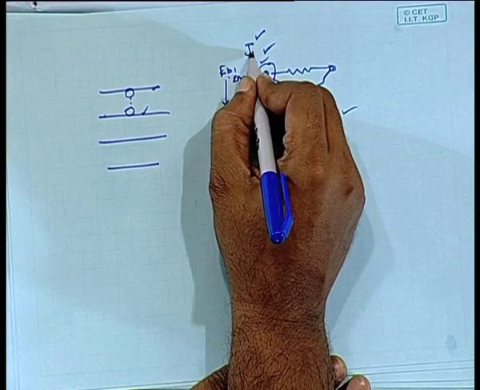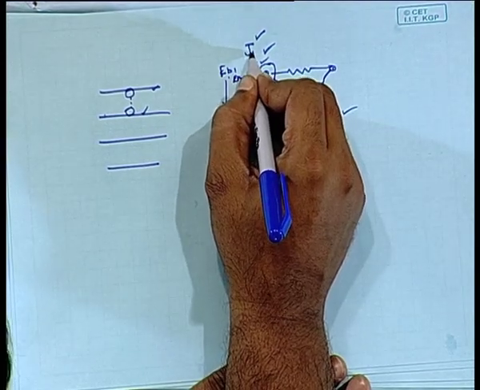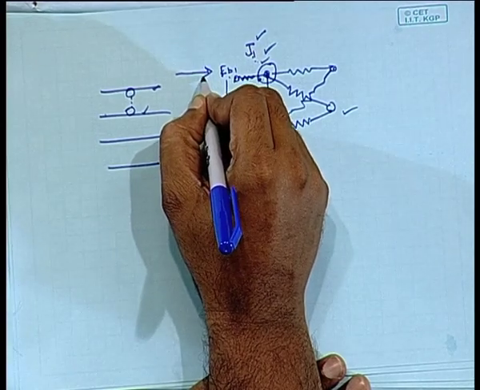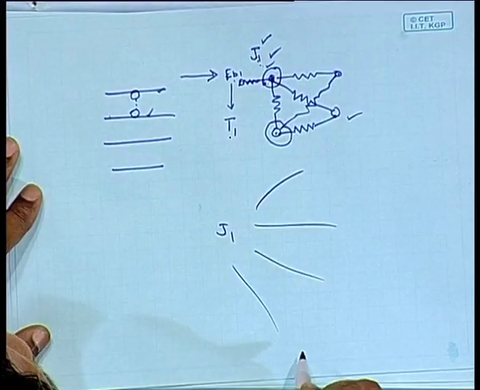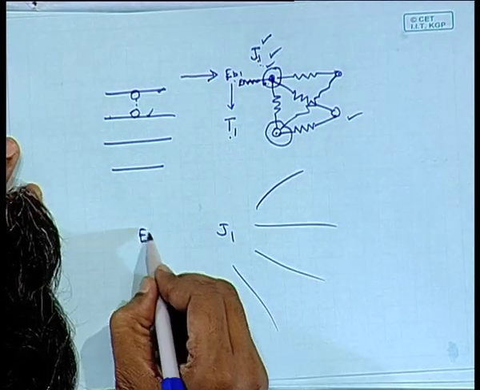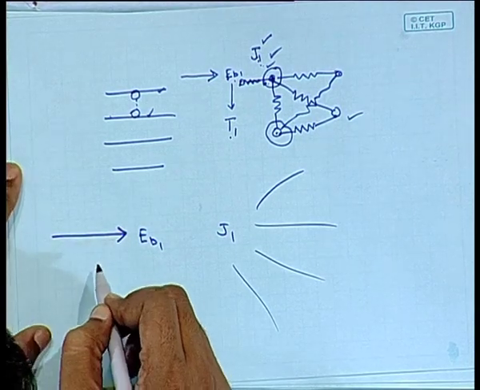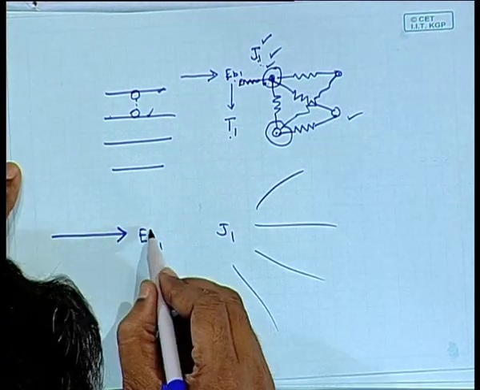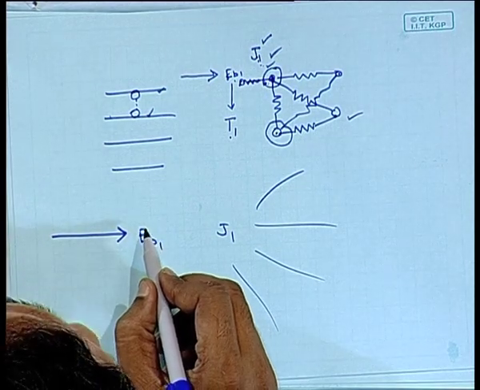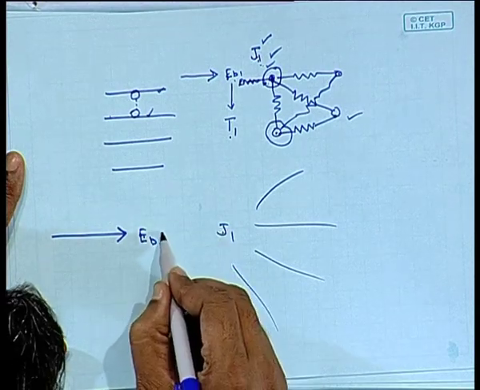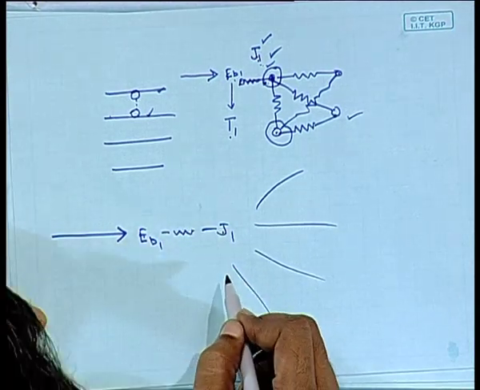Once you have EB1 and J1 known, you also know the amount of heat coming to node 1 from outside. Is that clear? If I know my J1, I may have thousands of nodes, and I know my EB1. So I can find the amount of energy that has to be supplied to surface 1 to maintain its temperature at a steady value, which is simply EB1 minus J1 divided by the surface resistance in between.